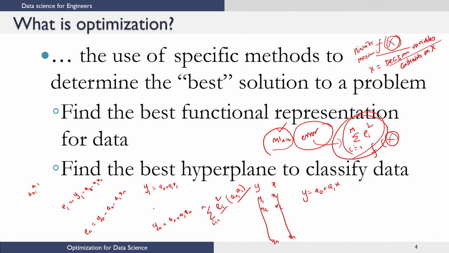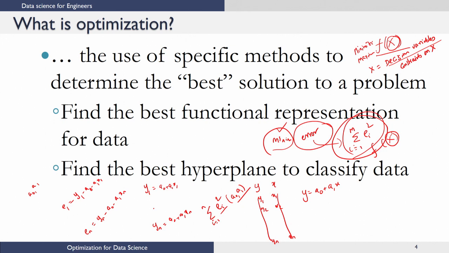This is the type of problem that you would solve in linear regression, and in general this is also called a function approximation problem. So, this is one type of problem which is used quite a bit in data science, because in many cases we are looking at functional relationships between variables. So, that is one reason why optimization becomes important.